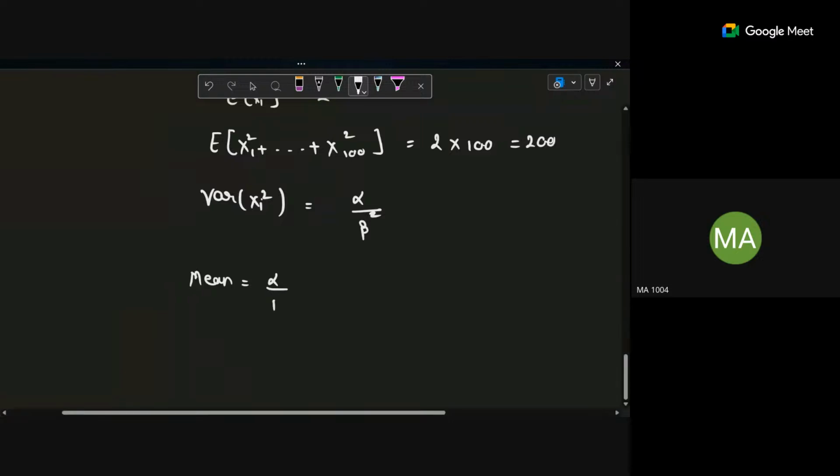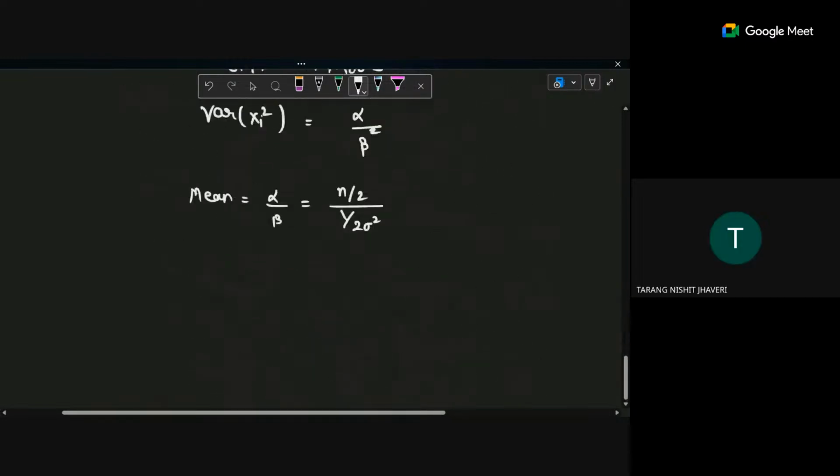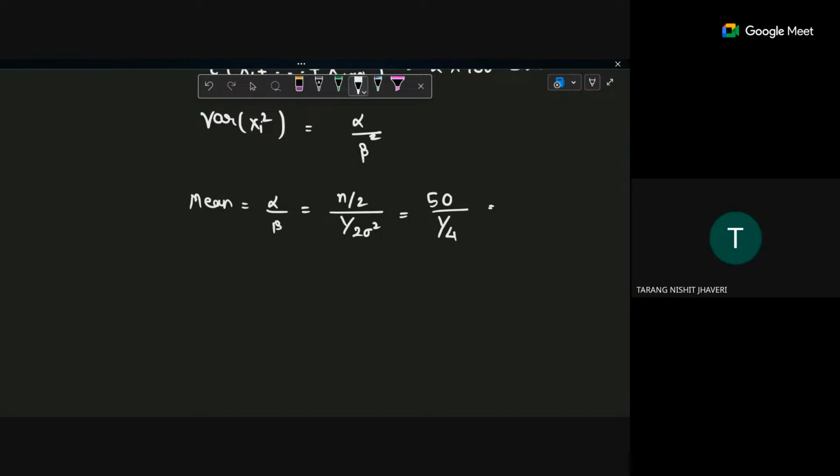And what is alpha here? N by 2, that is 100 by 2, right? And beta is 1 by 2 sigma square. So this is 50 divided by 1 by 4, which is 200.